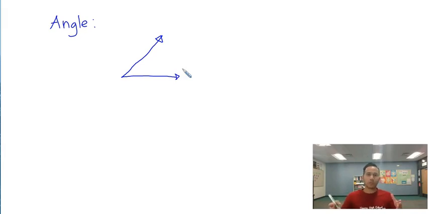Example. Let us say I have here the first ray, and the second ray will be here. As by definition, your angle is composed of two rays, and these two rays share a common endpoint.